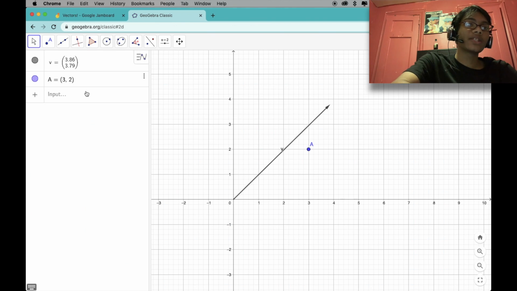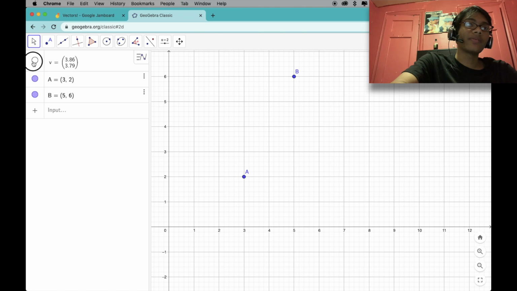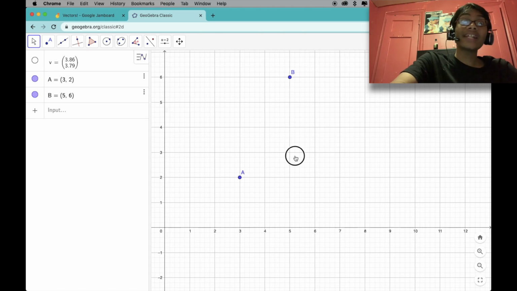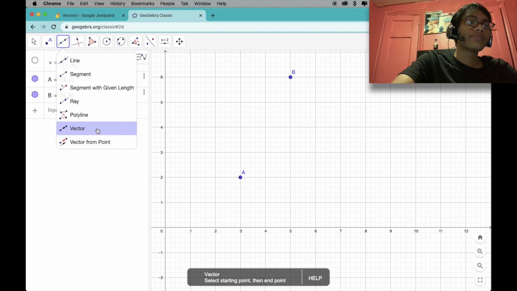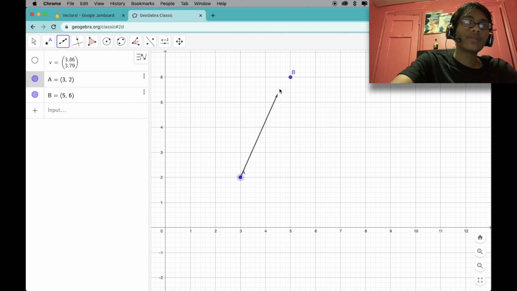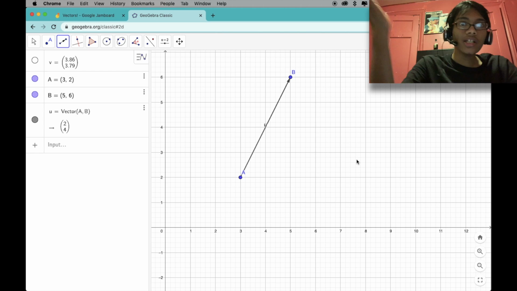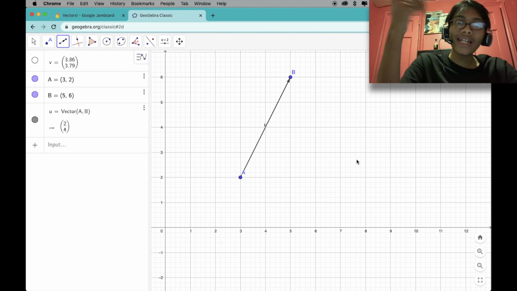So let's plot (5, 6) here and see where it falls. All right, there's (5, 6). And there's an arrow that goes between these two. In fact, I can draw a vector between these two. And there's that vector, between point A and point B.